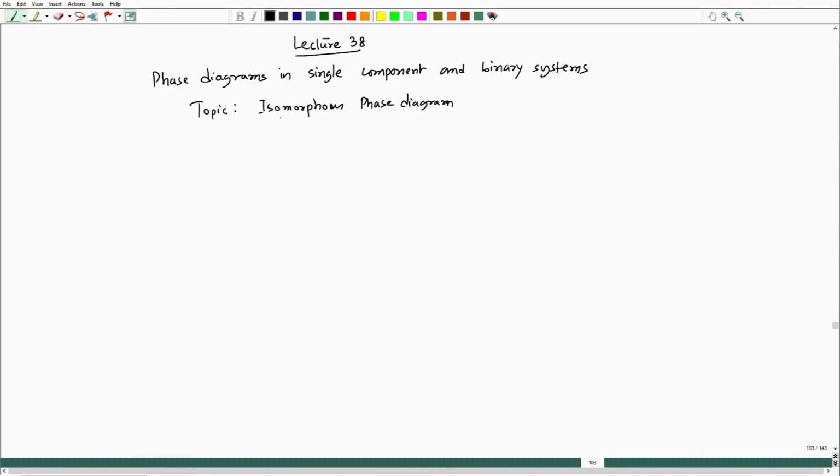So, now we will start looking at phase diagrams. Now, the isomorphous phase diagram, that is the topic today.